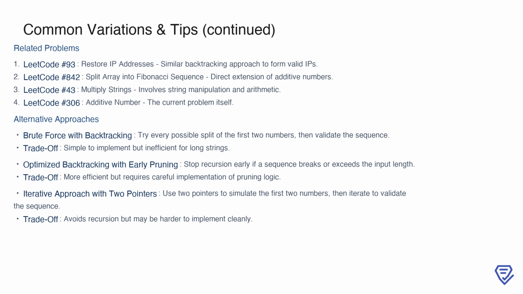This approach is more efficient but requires careful pruning logic. Lastly, an iterative approach using two pointers can simulate the first two numbers and validate the sequence without recursion. While iterative methods avoid the overhead of recursion, they may be harder to implement cleanly. Each approach has its trade-offs, so choose the one that best fits your problem constraints and style.